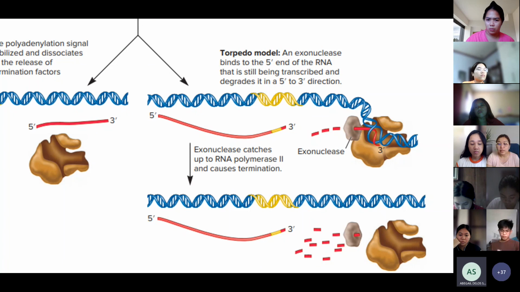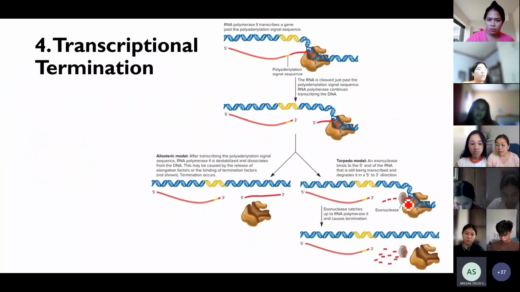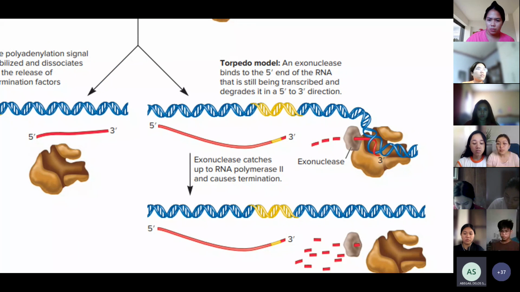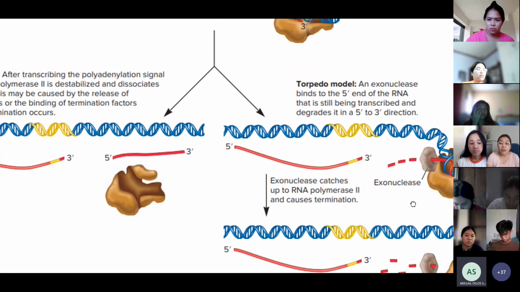When the exonuclease catches up to the RNA polymerase, it would cause RNA polymerase II to dissociate from the DNA. So this other theory informs us that it puts a stop because it dissociates the RNA polymerase II from the DNA entirely. Which of these two models do you think is the correct one?